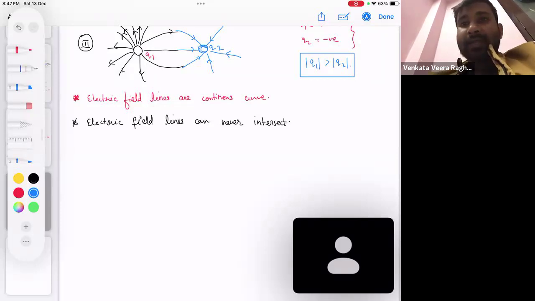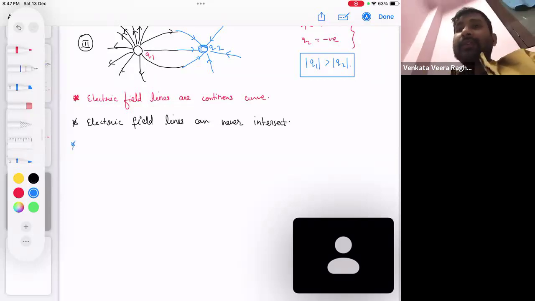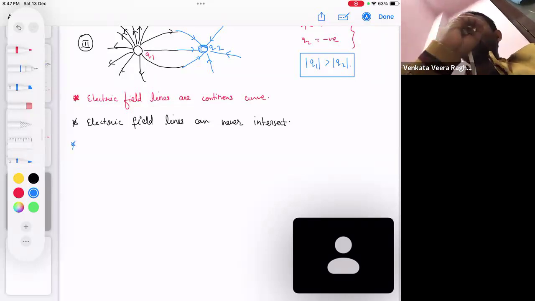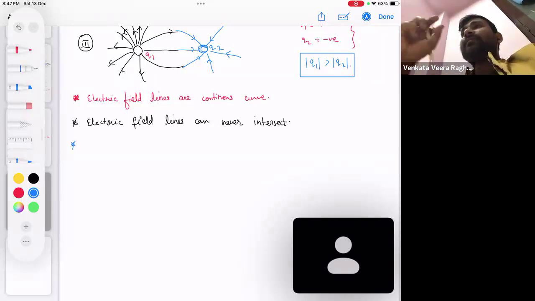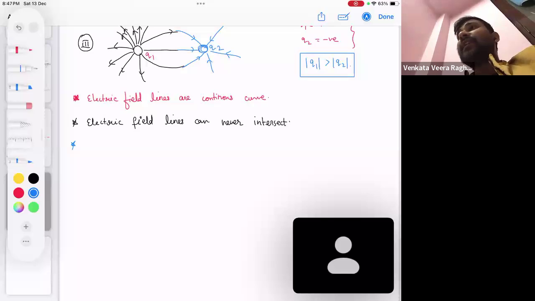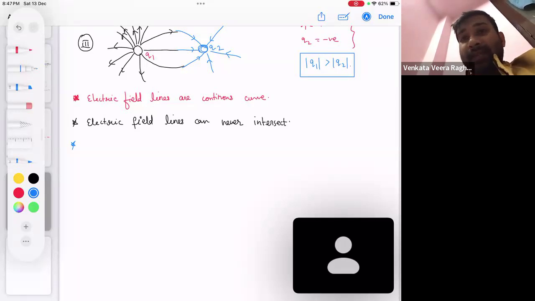Next one. When we draw the electric field lines, what happened? If I want to see electric field lines, if it is a straight one, then we will say electric field is uniform in this space. But that may not be always the case. Sometimes the electric field in a space can be variable also. So if we draw a tangent to the electric field line, what does the tangent drawn to the field line represent?